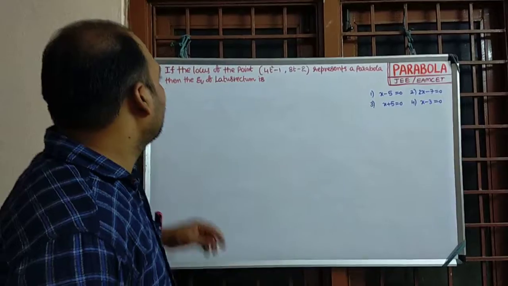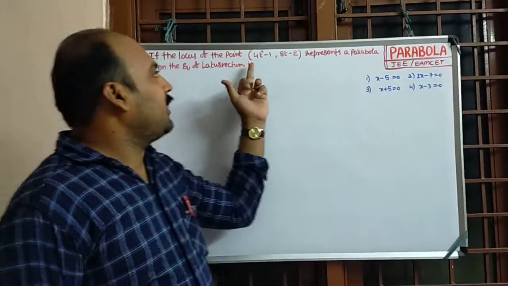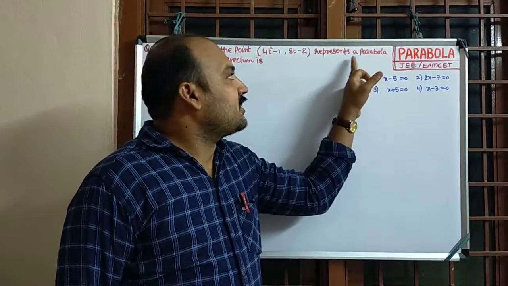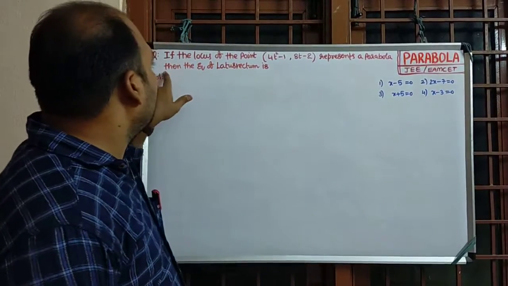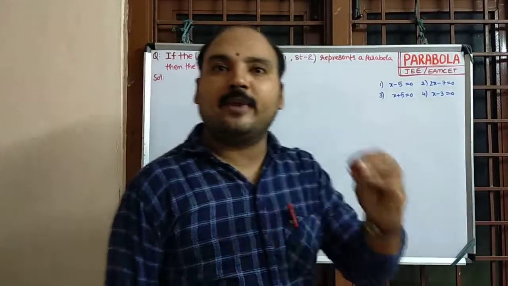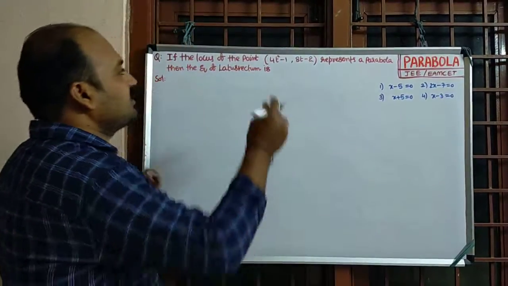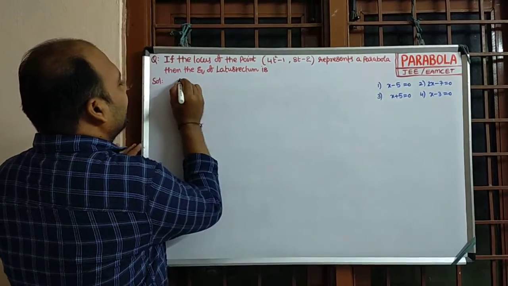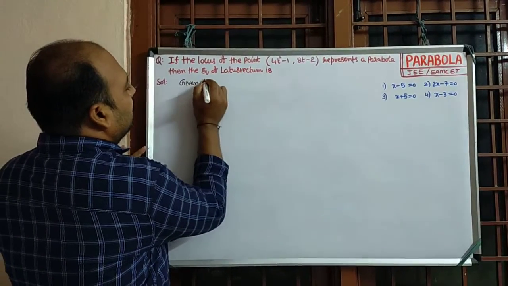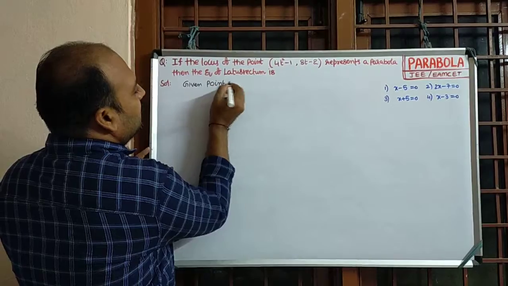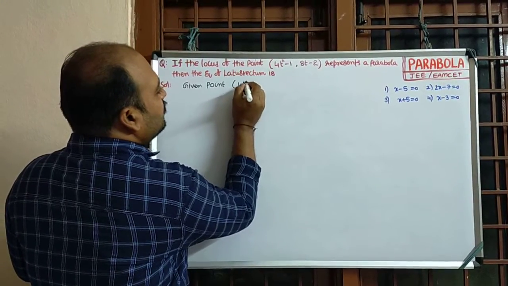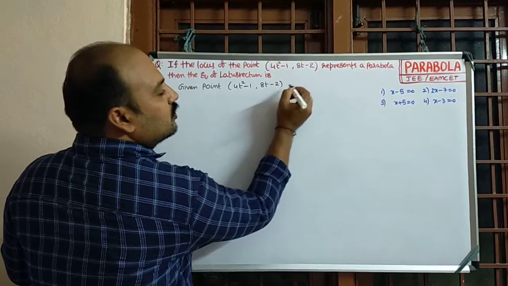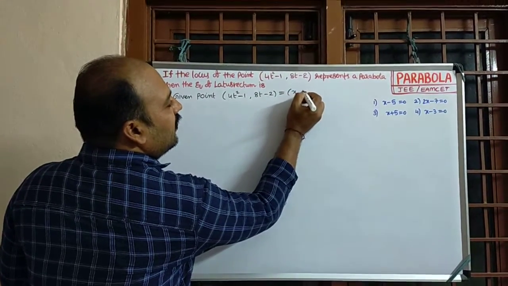Next question. If the locus of the point (4t² − 1, 8t − 2) represents a parabola, then the equation of latus rectum is? First, the locus of the point: the given point (4t² − 1, 8t − 2) is equal to (x, y).